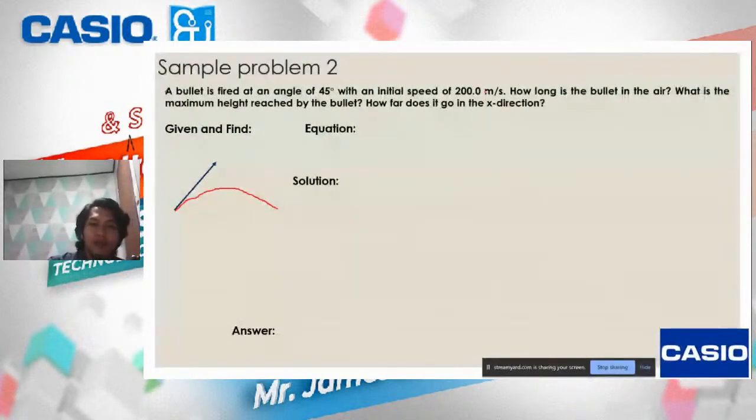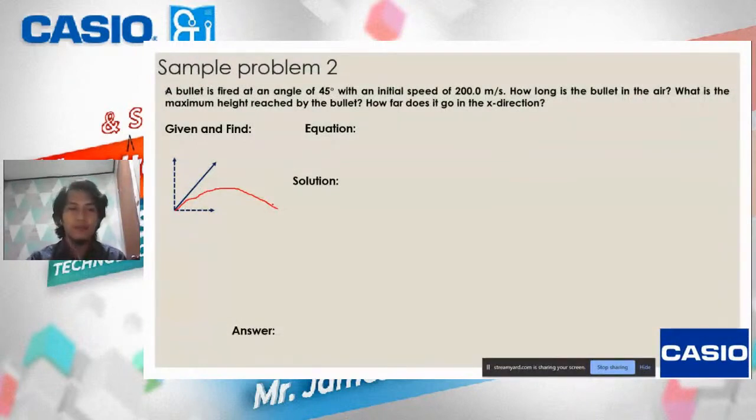Okay? So since we know that if an object is fired at a certain angle, it has two components, the x and the y component. Okay? Ang question natin is, how long is the bullet in the air? So technically, gaano katagal siya na nasa ere?